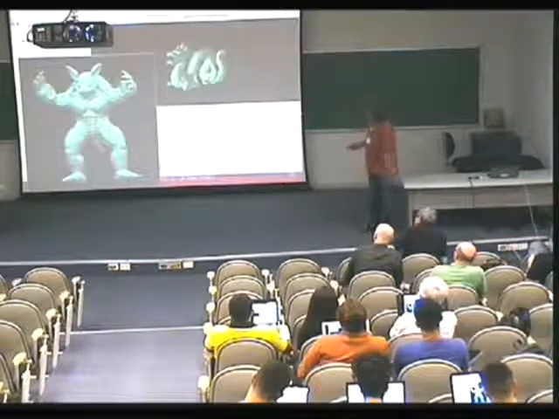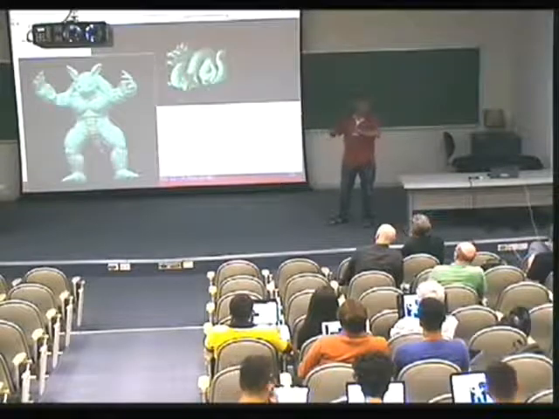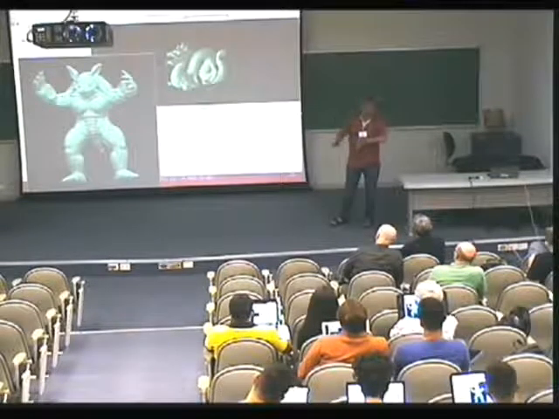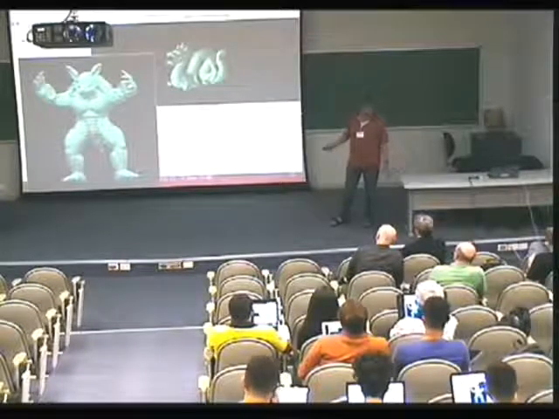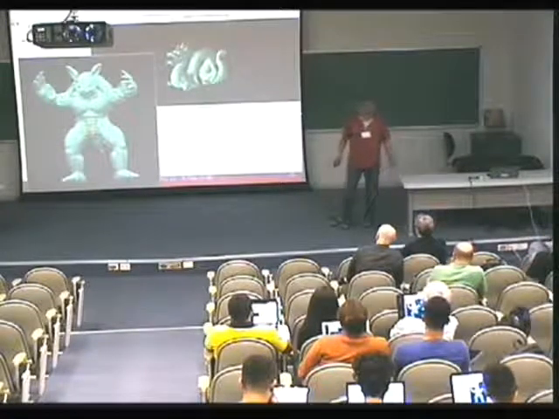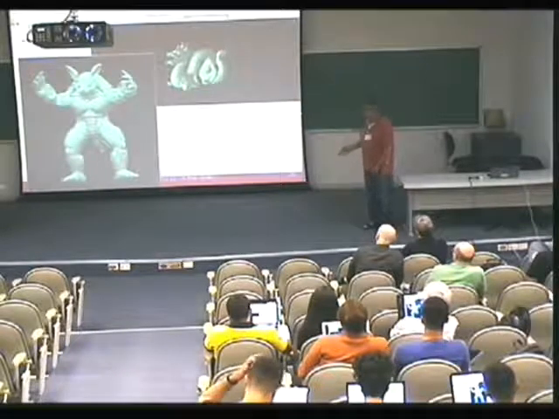Also, given this is a solid, you can create a logical volume and physical volume and place it within your geometry. GDML cannot do it very easily, but in this case, you just get it as a solid.